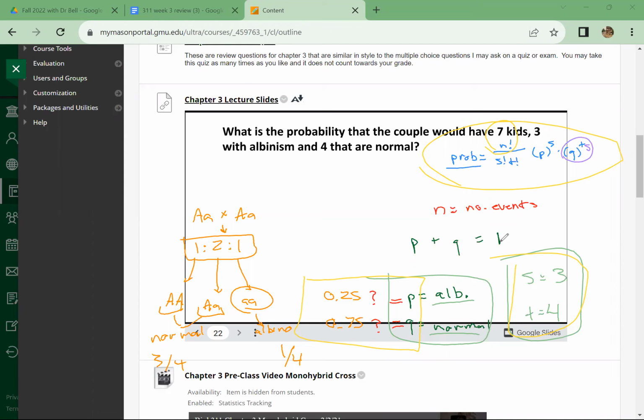So 7 factorial divided by S, which is 3 factorial, and then we multiply it by p, which is 0.25 to the, no, that's not a 5, that's an s, to the third power, sorry.